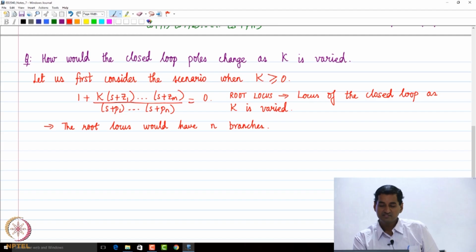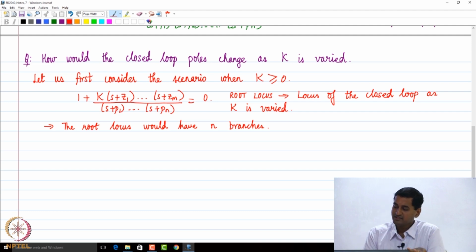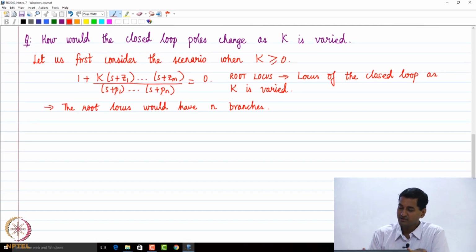This is an nth order system, there are n closed loop poles, so obviously the root locus would have n branches. Now the question arises: how do we plot these n branches in reality? By and large we will see that we are going to use the angle condition to our advantage.